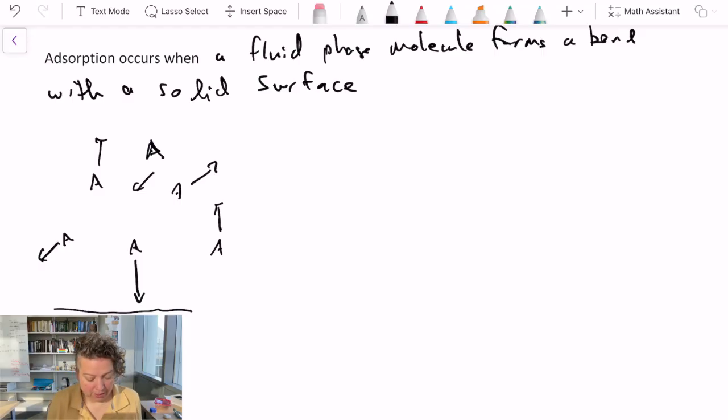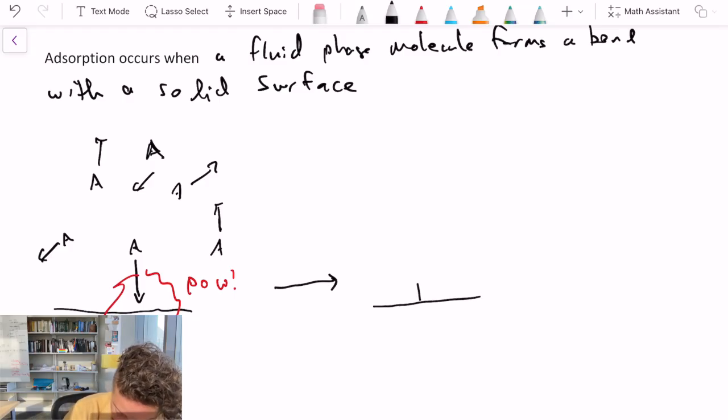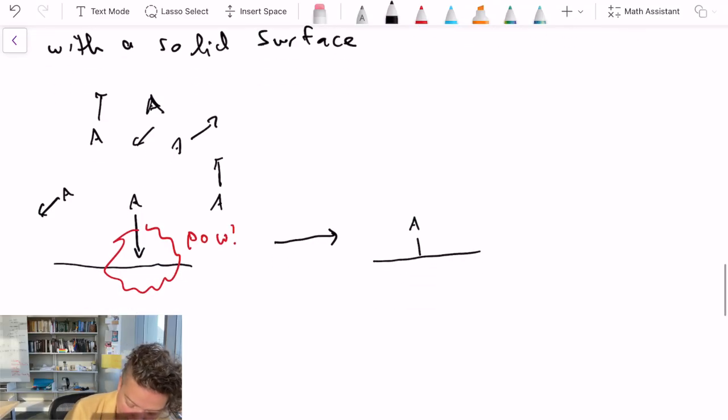Some molecules are going to collide with the surface, and when the dust settles, you'll get a molecule of A bound to the surface. So we can write this reaction: A gas plus star goes to A star.